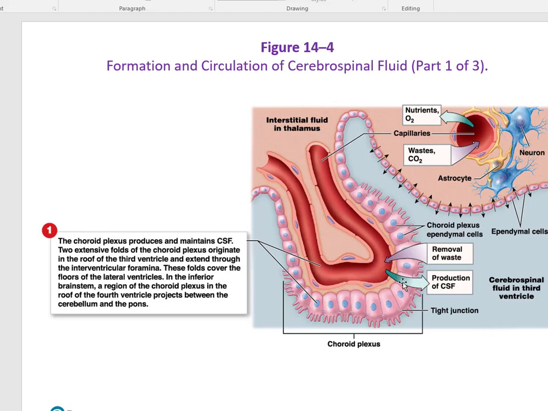So this would be the brain. We can bring things in to the cerebral spinal fluid, which has about the same composition as a blood plasma, or we can put waste back into the circulation that's leaving the brain. But you can see our cerebral spinal fluid, which is kind of the brain's own circulatory fluid.